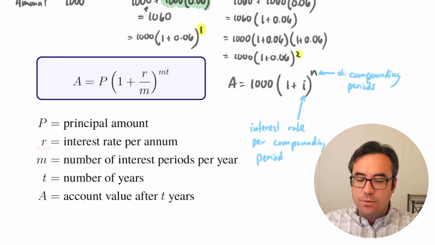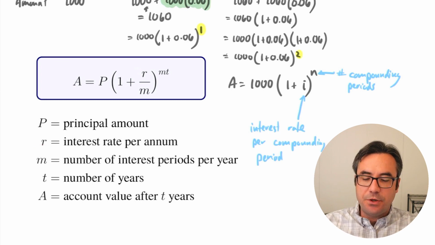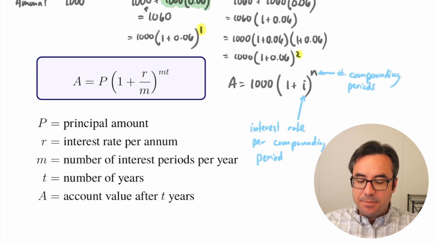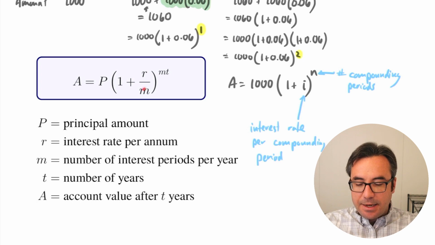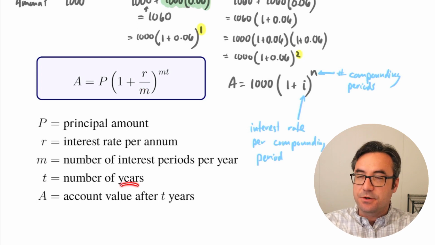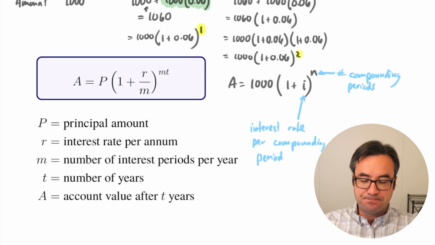The R value normally is given as a percentage. When we use this formula, write it as a decimal. M is going to be the number of interest periods per year, so we'll see things like quarterly or monthly. And T is going to be the number of years. We see the variable up there in the exponent. And so this formula gives us our account balance after T years.